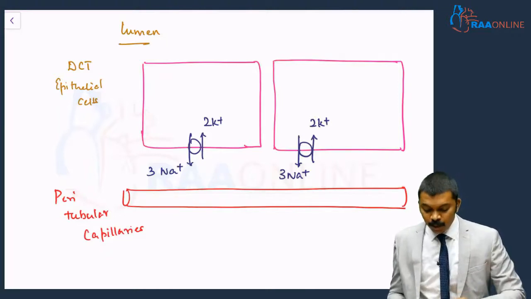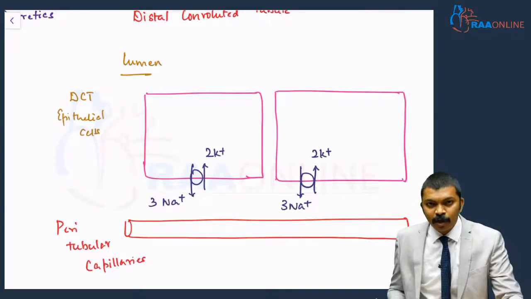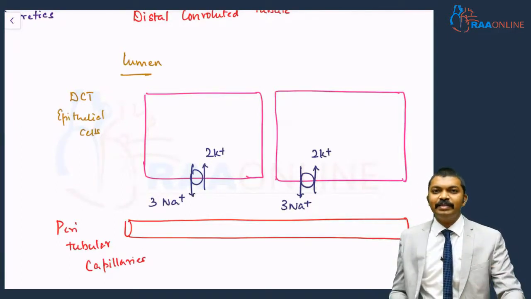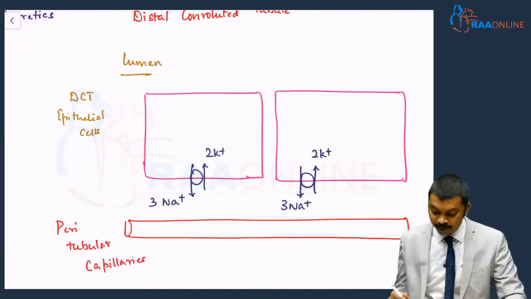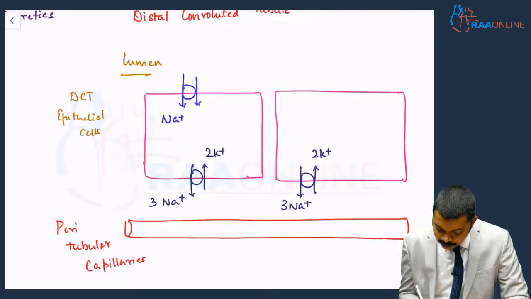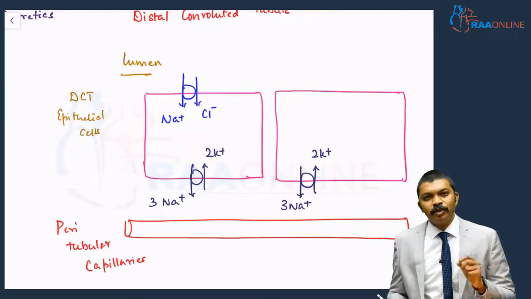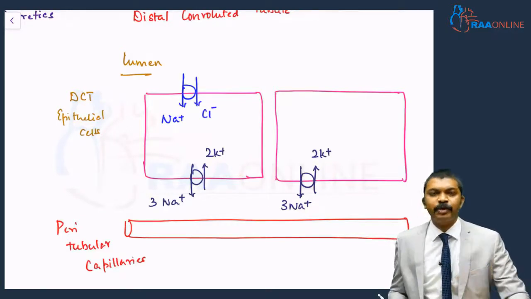Very good. Now, when intracellular sodium levels fall, there is going to be a gradient between the tubular lumen and the epithelial cells of the distal convoluted tubule, right? By utilizing this gradient, there is going to be reabsorption of sodium along with chloride. This transporter is called the sodium chloride cotransporter.